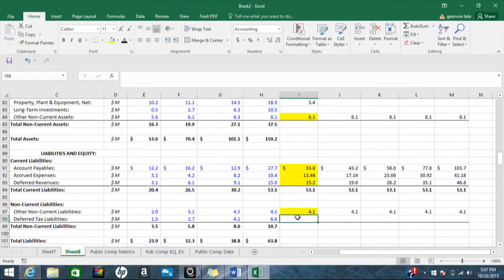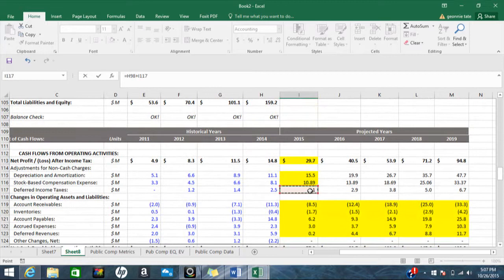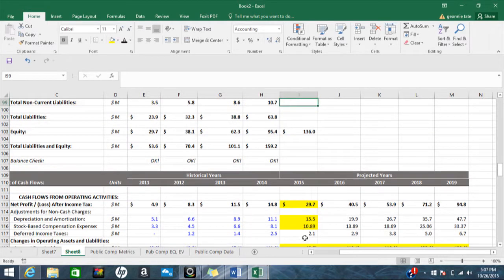I'm gonna go here, and it's on the liability side, so I add. I'm gonna highlight this.